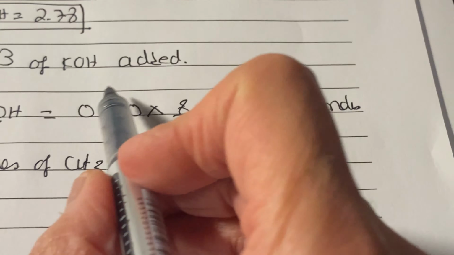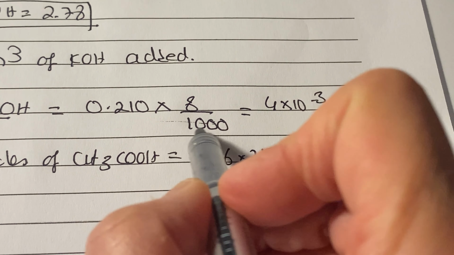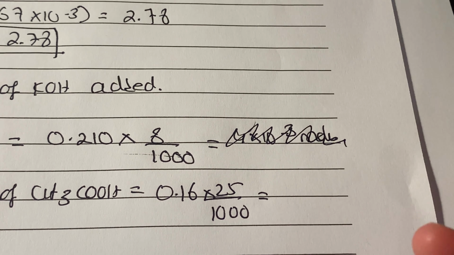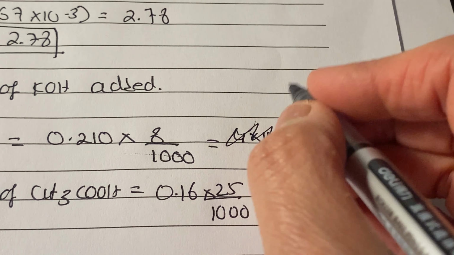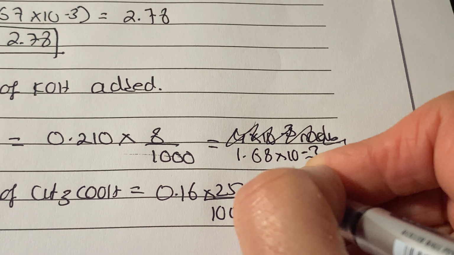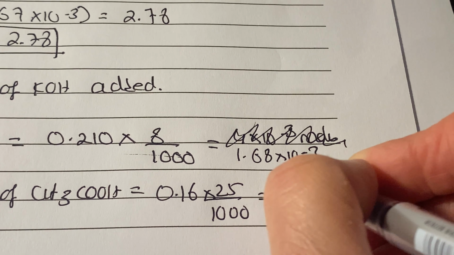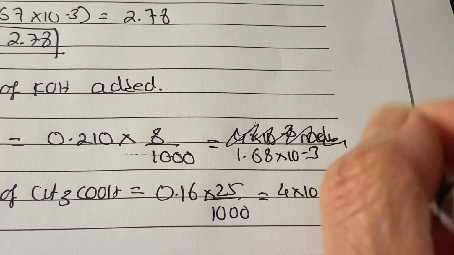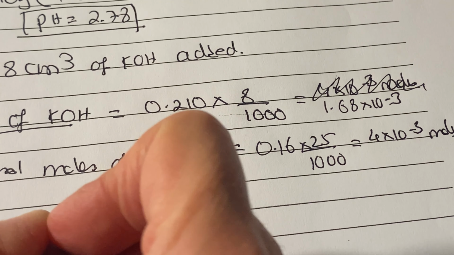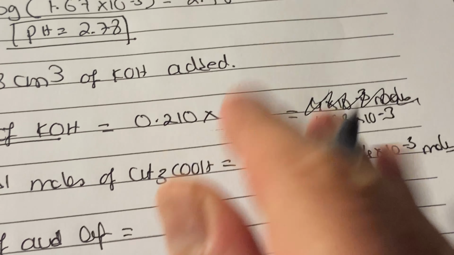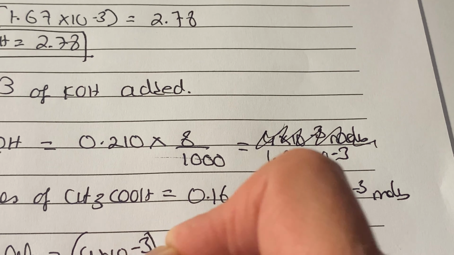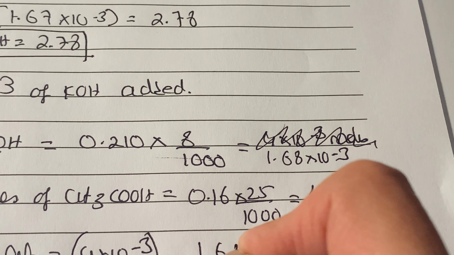So this one here, 0.2 times 8 divided by 1000 gives you 1.68 × 10^-3, and that one gives you 4 × 10^-3 moles. Now the moles of acid left equals 4 × 10^-3 minus 1.68 × 10^-3.